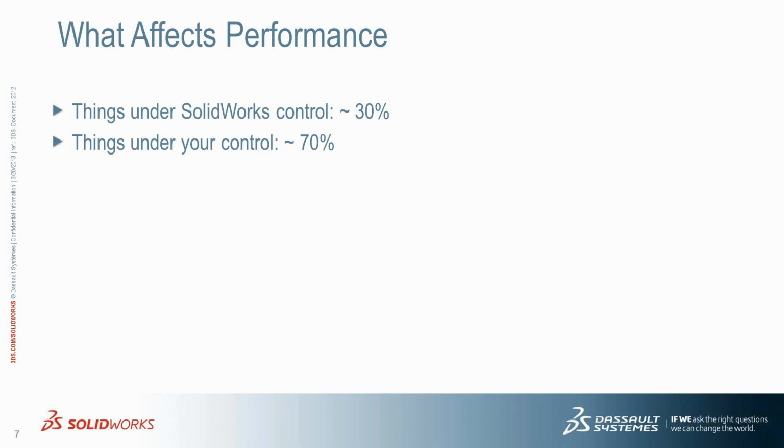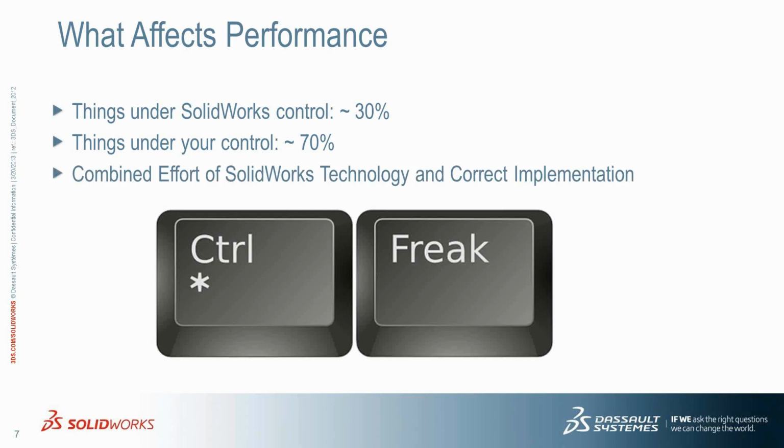You can't make changes to the software to do it a different way. But what you can do is what I'm going to provide you with today. When you combine the SolidWorks technology with the correct implementation, you kind of become a control freak. If you have this process in place, you can severely affect your performance in a positive way.